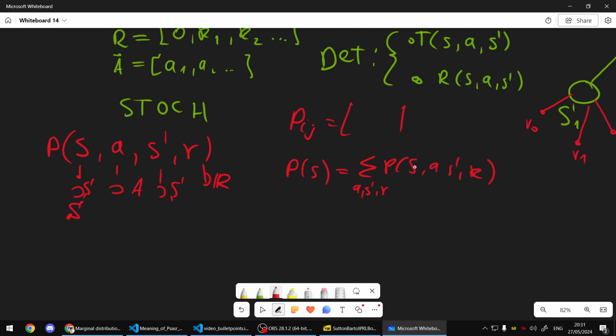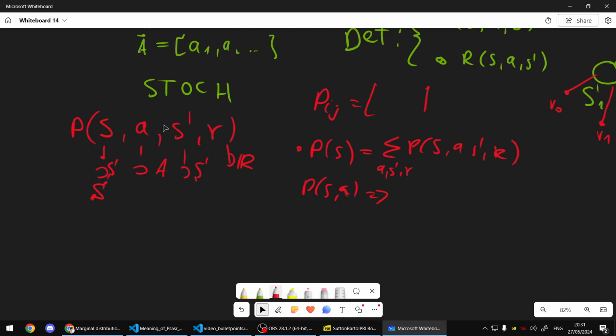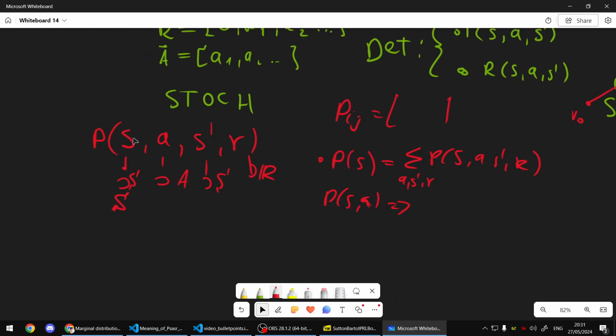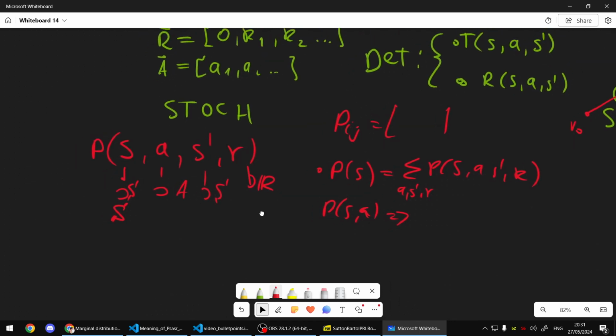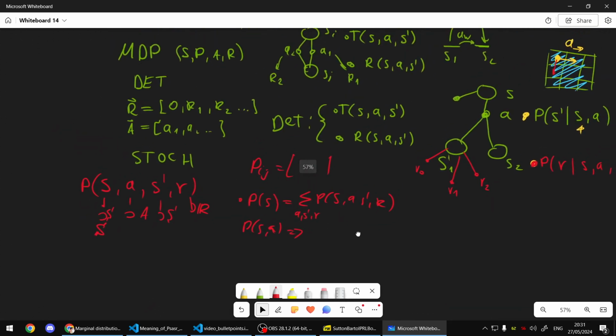But still, you can get useful information from this joint distribution. You can get other quantities like S and A. Simply by marginalizing, you can basically get anything if you know all the possible variants of these joint distributions, all the possible outcomes.